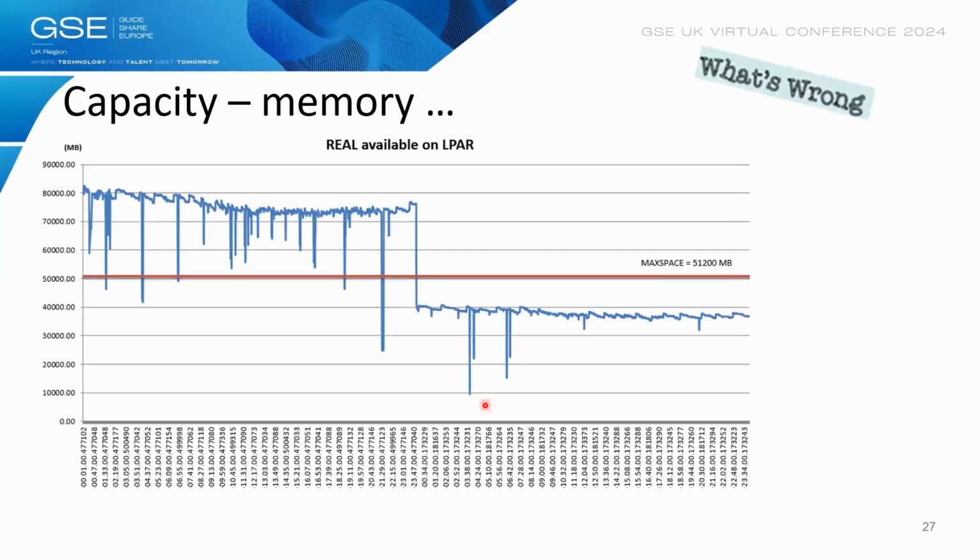Okay, so here's an example of a customer who has the max space set to 51 gigabytes, and the real available was about 40. So what would happen if they take a dump, let's say here, right? Then they will start to page. And this is the dangerous situation that we would like to avoid. We don't want to see pictures like this. Always make sure that you have more real than the max space that you have defined for the dumps.